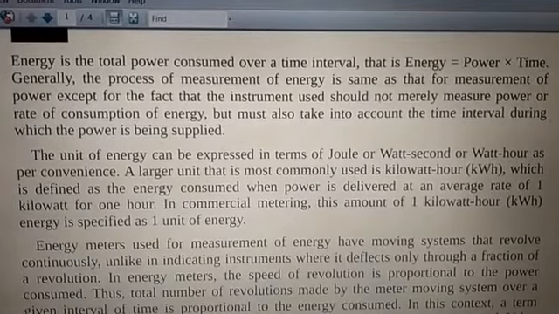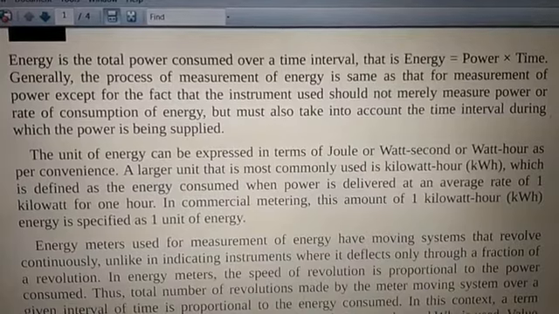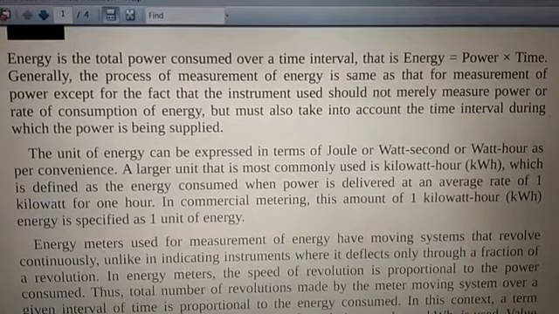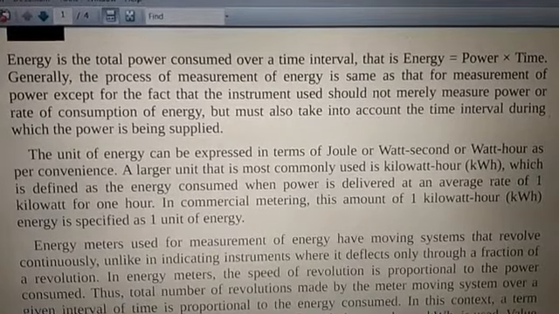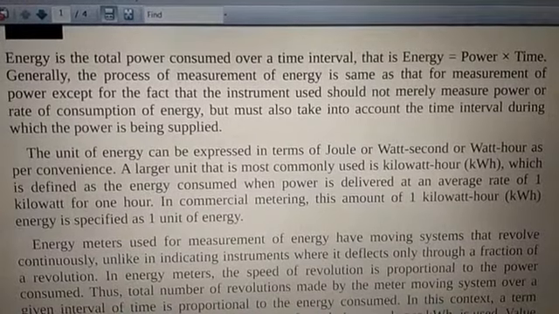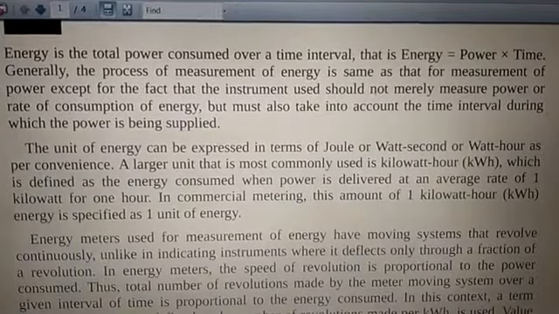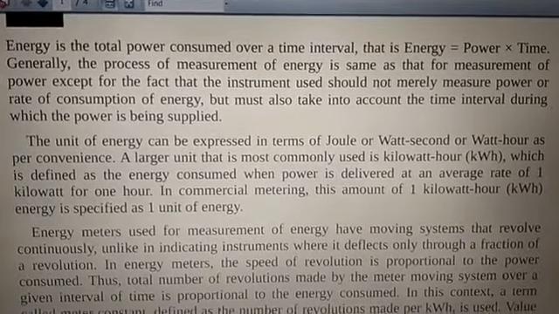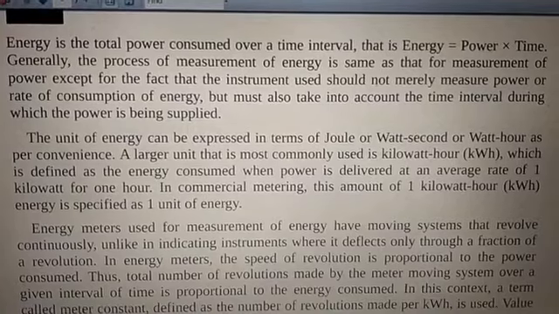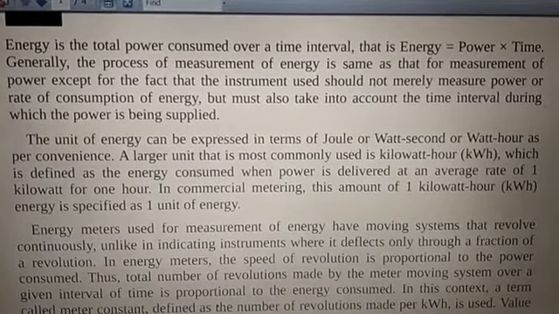Generally the process of measurement of energy is the same as that for measurement of power, except that the instrument should not merely measure power or rate of consumption of energy, but must also take into account the time interval during which the power is being supplied. For this reason, the domestic energy meter is a rotating type of device.